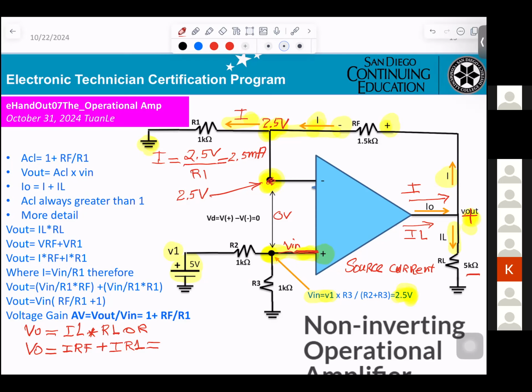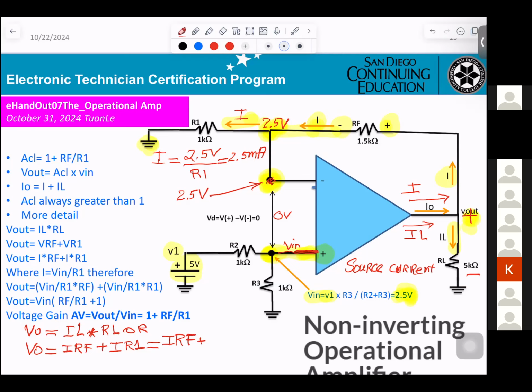So basically, I RF plus I R1. I RF will be I times RF, right? Plus I R1.